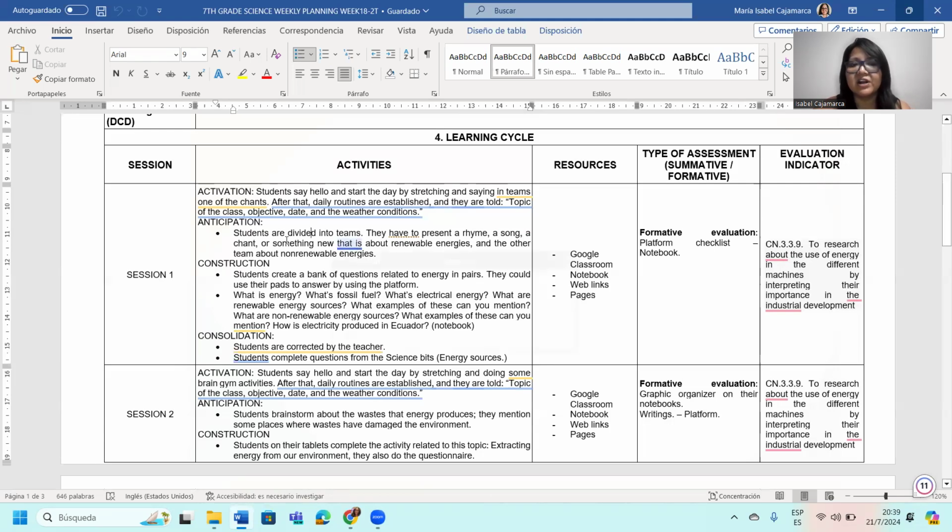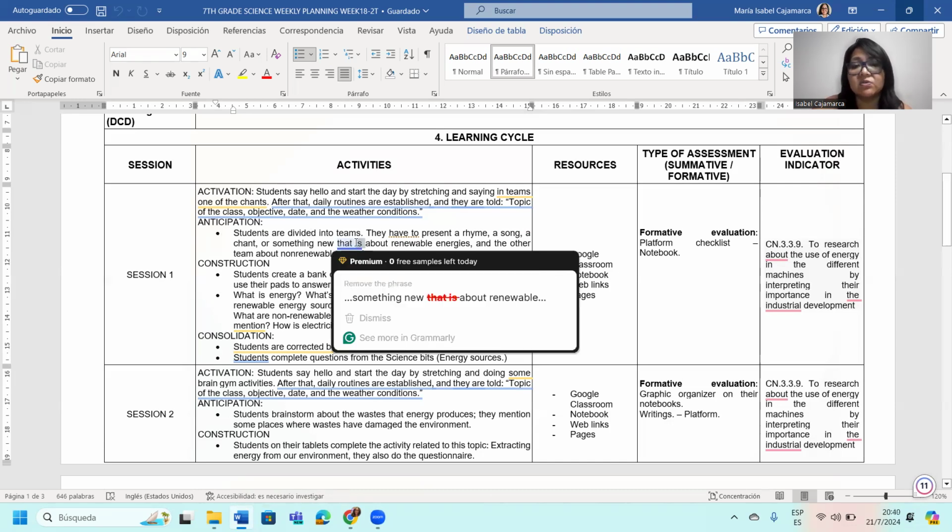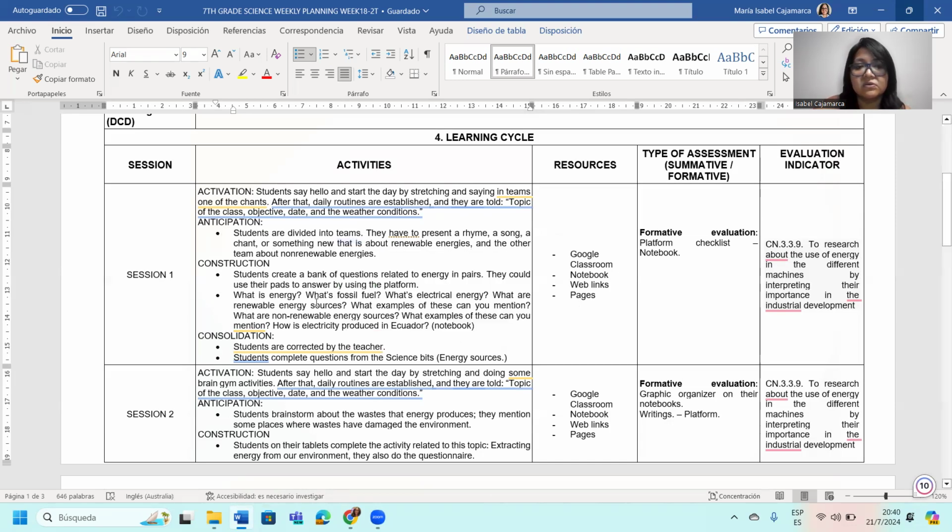So as I told you before, this is a different kind of methodology, which is anticipation, construction, and consolidation, which is CC, and it's similar to PPP, which is more used in English. But here, I use groups first, and then I also use pairs.